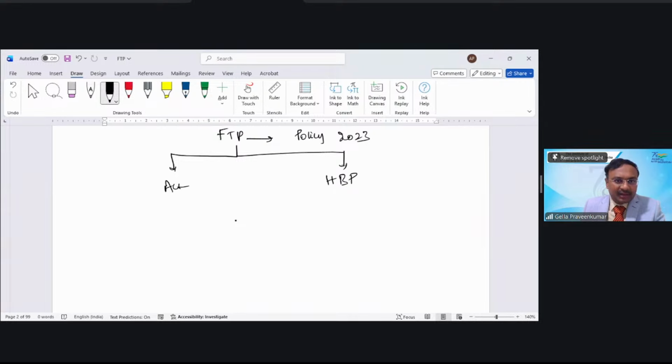Like in GST law or income tax, we have the Act and we have the procedures. Similarly, in foreign trade policy, I have an Act which has 11 chapters. Similarly, the handbook of procedures has 11 chapters. Let me quickly come to our institute material.